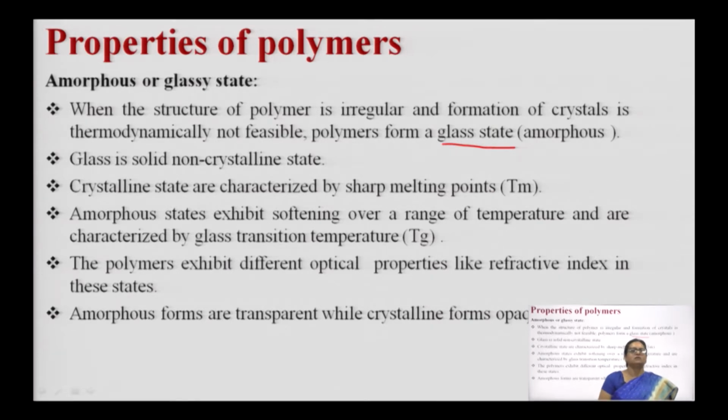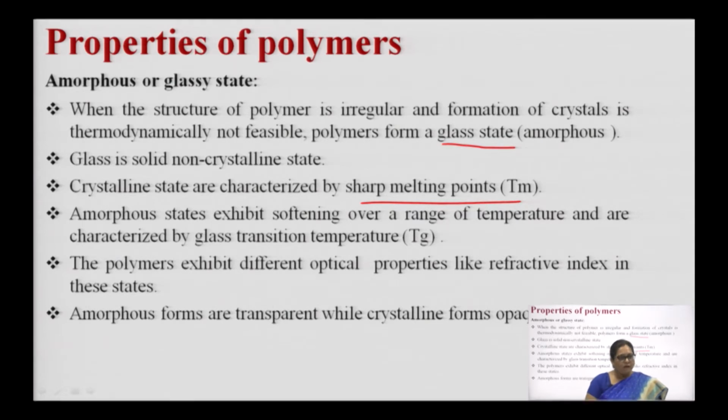Just like glass, these amorphous forms are transparent. The amorphous state of polymers, just like the amorphous state of other matter, does not have sharp melting points. The crystalline forms of polymers are characterized by their melting points, because their melting point is sharp. They will melt at a particular temperature where the crystal lattice structure breaks down.